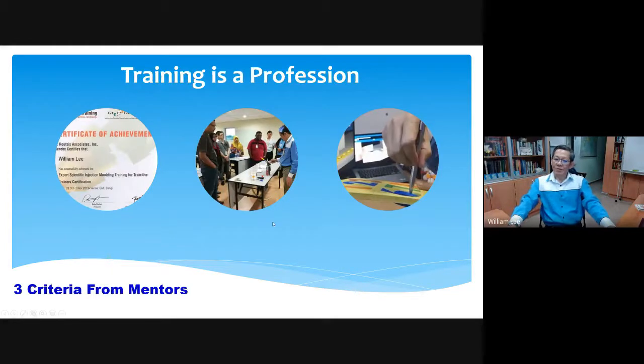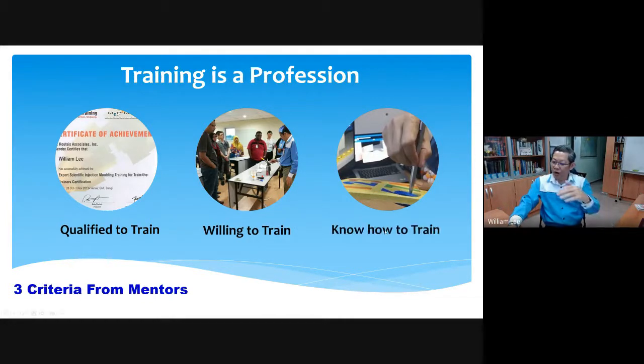Right? So therefore, to give you 3 criteria of a good mentor: a good mentor is qualified to train in terms of experience, skill, and knowledge, all right? And then he must be willing to train, and he must know how to train. Okay, there are some people who are qualified but they do not know how to train, which is also not effective.